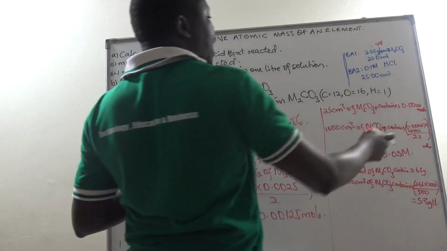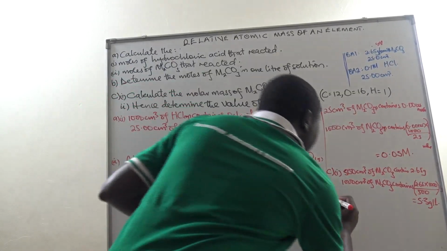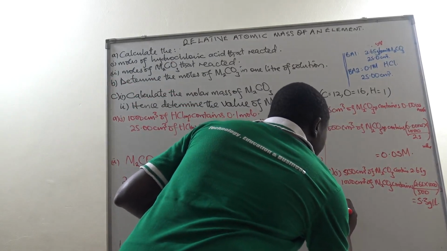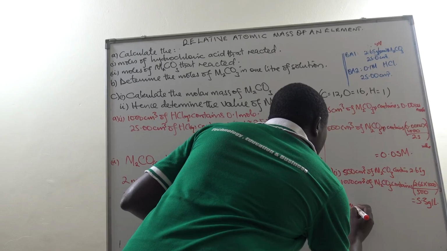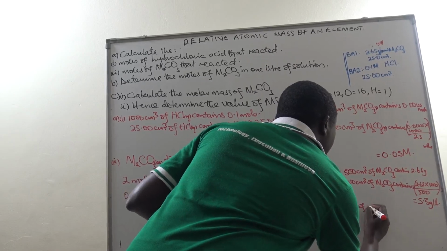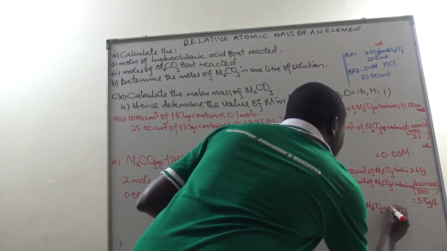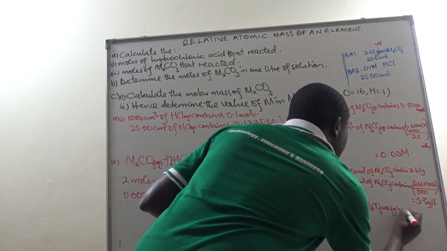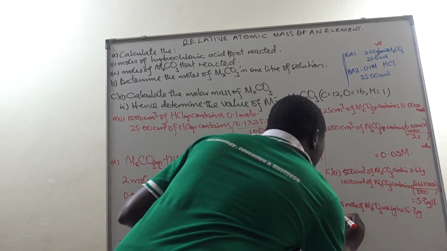So we are going to compare this with this, and we get the mass of 1 mole. And here we say that 0.05 mole of M2 carbonate weighs 5.3 grams. And then what of 1 mole?